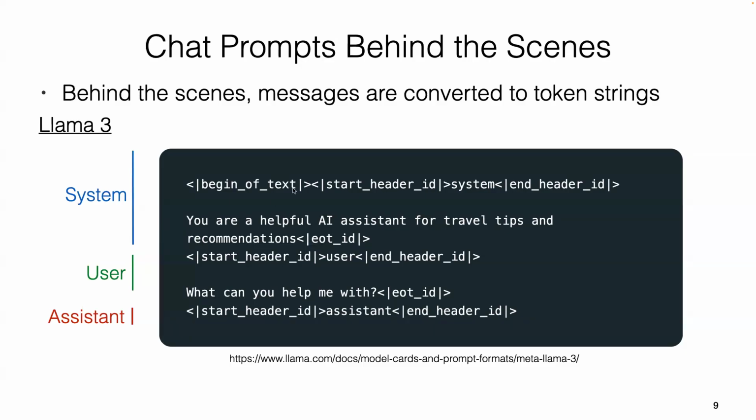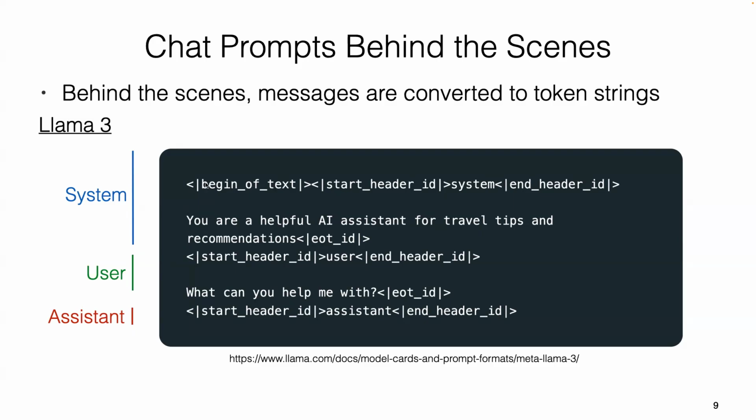But if you're actually training the model and look at the exact tokens that are being used, then it looks something like this. You represent the JSON that I just showed you as sequences of tokens. The exact format will vary based on the model. This is showing the most recent format, I think, that's used in the Llama 3 model.